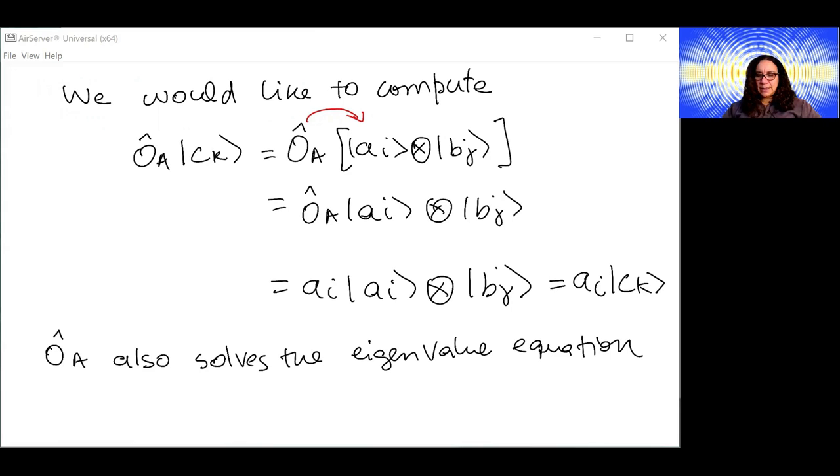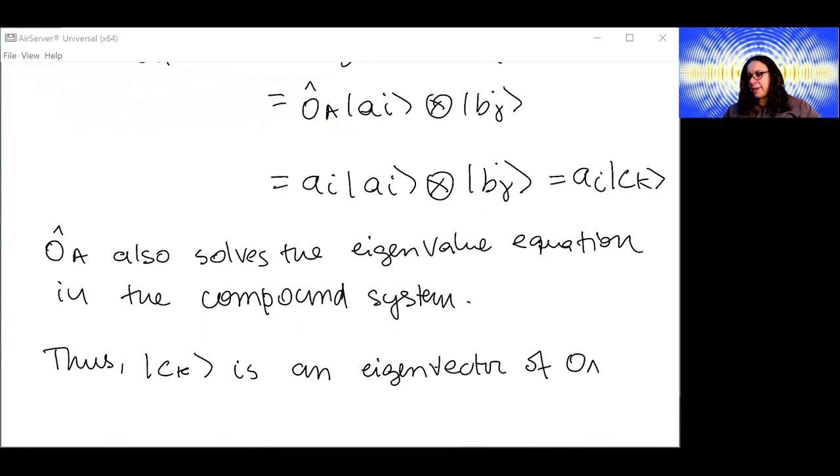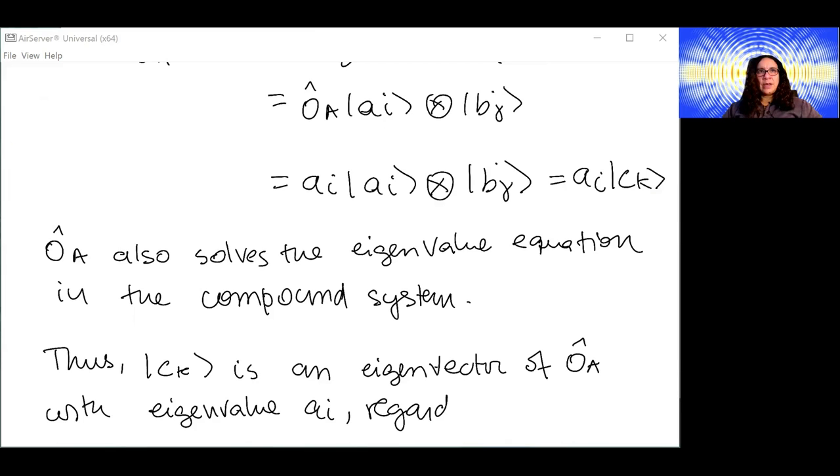Which means that CK is an eigenvector of OA with eigenvalue a_I, regardless of what BJ may be.